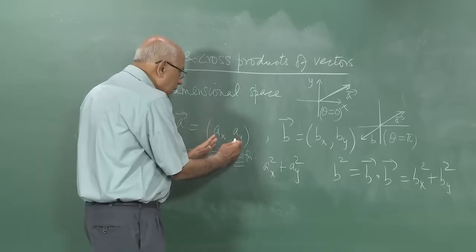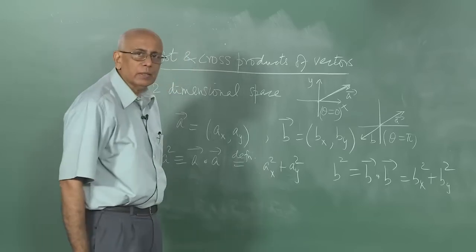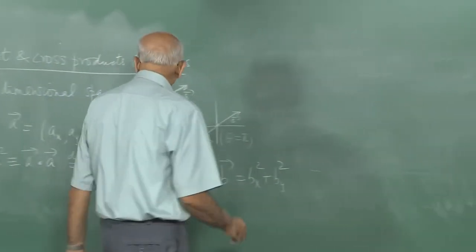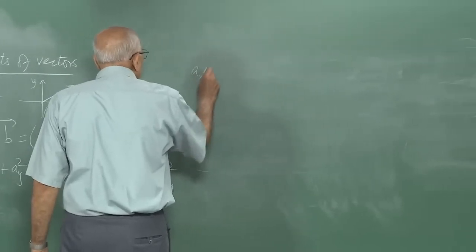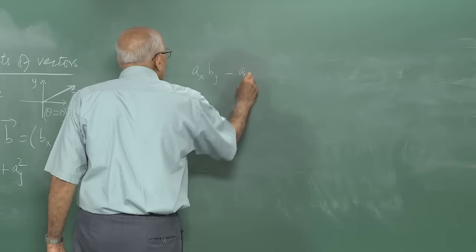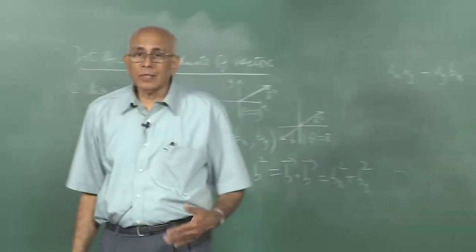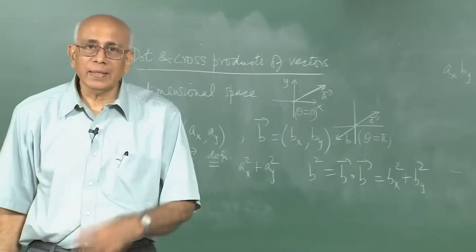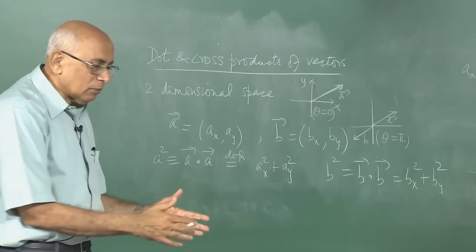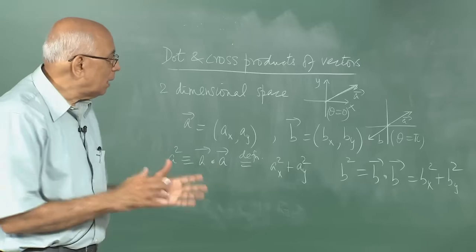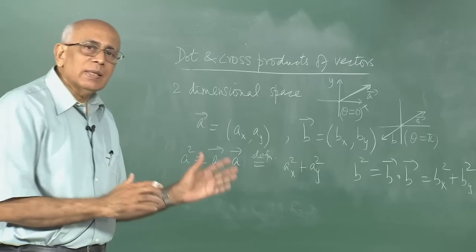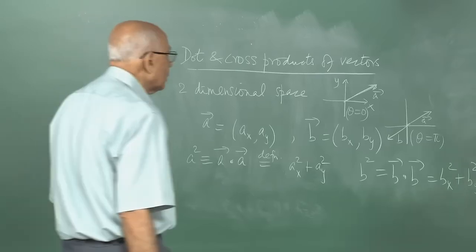I have two quantities here and two there, these two vectors. I could form the following combination. I could form Ax by minus Ay bx and ask, what does it transform like? I know the transformation for Ax and Ay and bx and by. Now what does this bilinear combination look like?